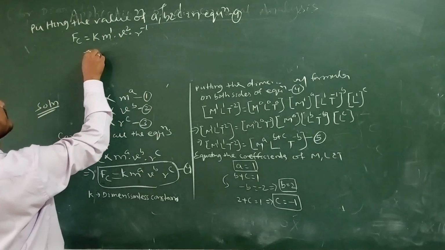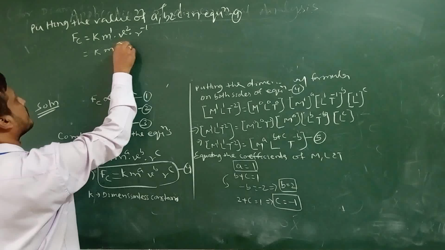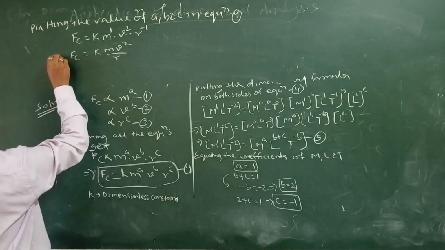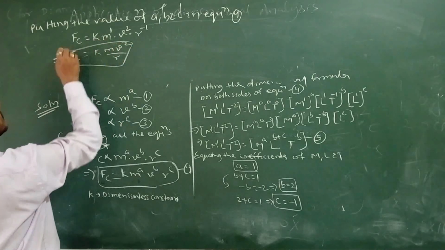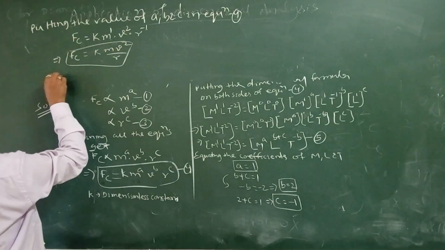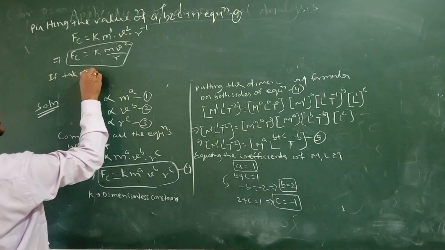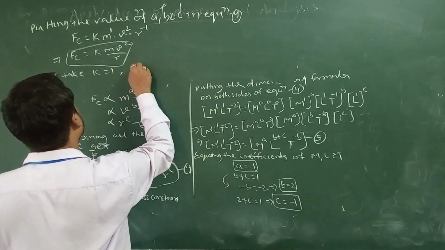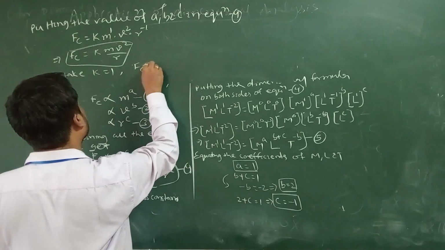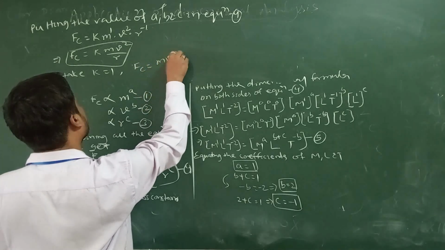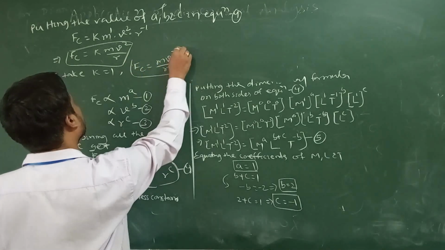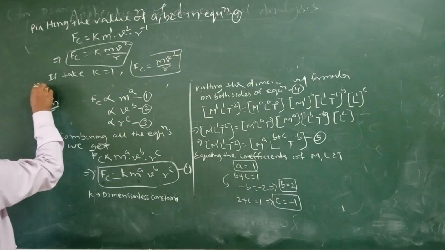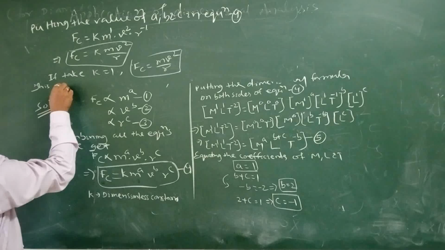So k m v square by r. This is a dimensional equation. We take the constant k equal to 1. So Fc equal to m v square by r. This is the required expression.